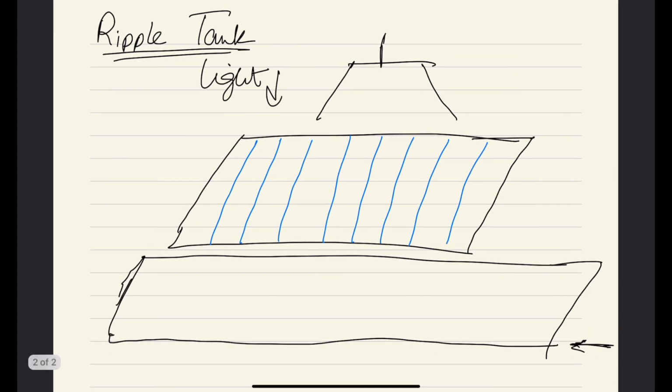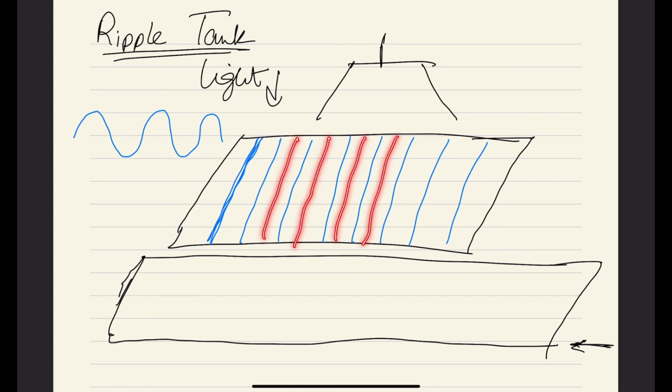Now let me just redraw the wave over here. Let's suppose this is the wave. So these lines over here represent the crests of the wave. Okay, and the region in the middle of these lines is the trough of the wave.